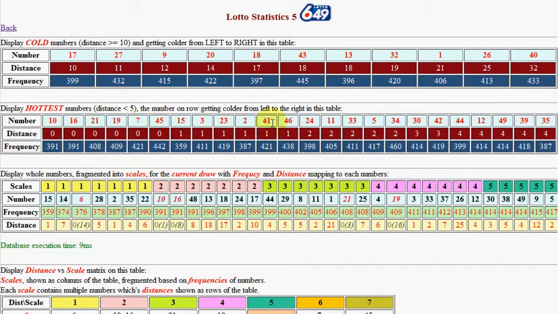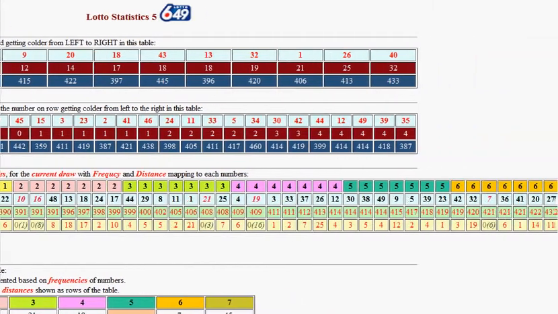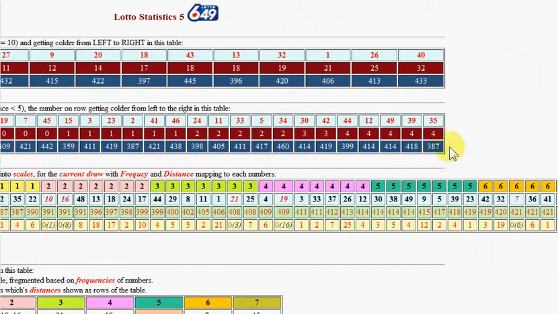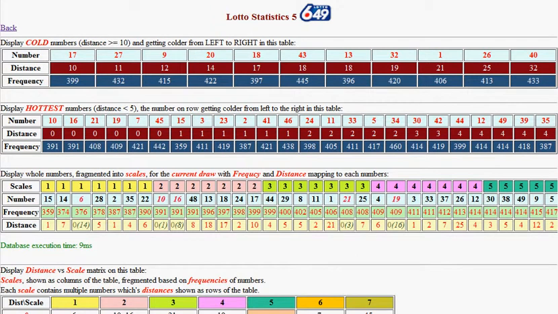These numbers are very hot, and the left side is the hottest. On the right side it is getting colder. So you can see the distance is getting bigger, and on the left side it is just 0, 0, 0, which means these numbers have been drawn in the last draw.